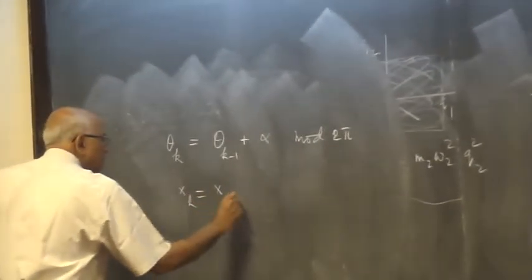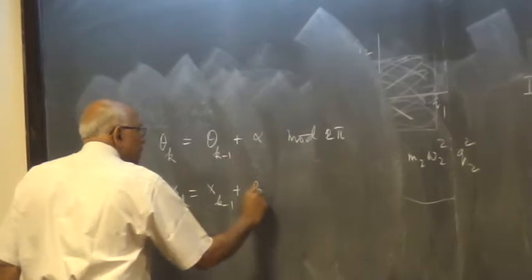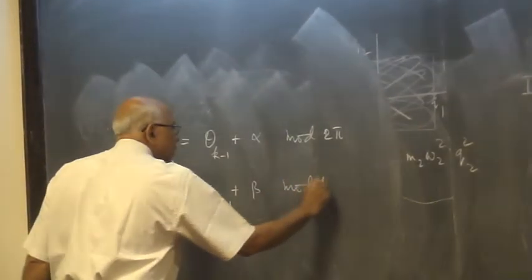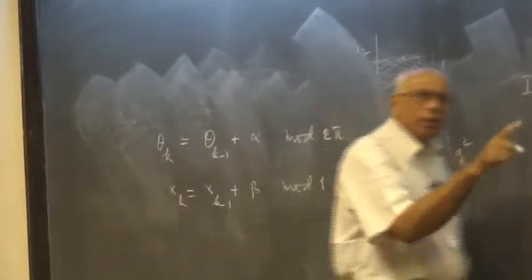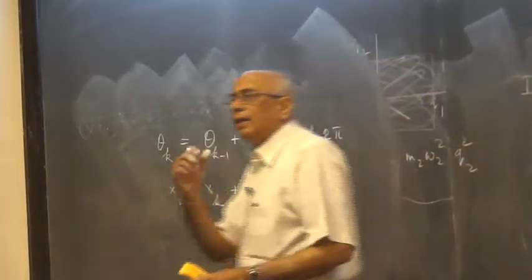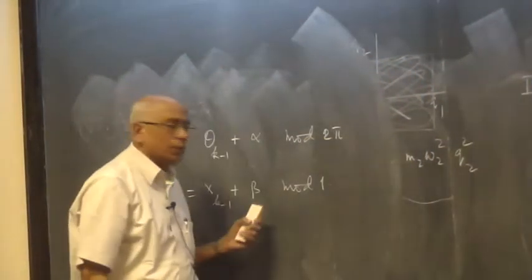Let's in fact divide this by 2 pi and call this x k equal to x k minus 1 plus some beta, modulo 1. So I make the circumference of the circle unity. And then I take a number between 0 and 1, somewhere on that circle in the x space. And each time unit, you're adding an irrational number alpha, or beta.